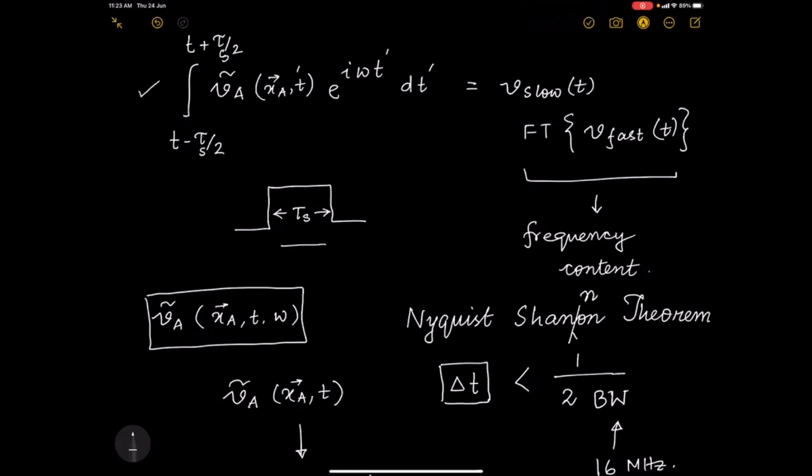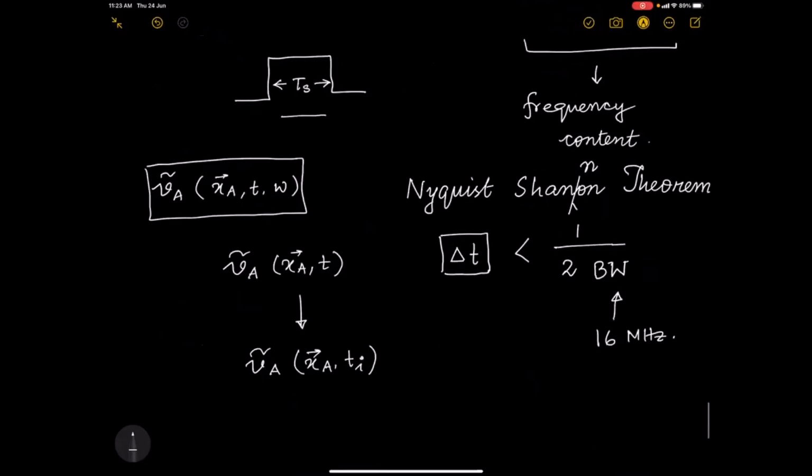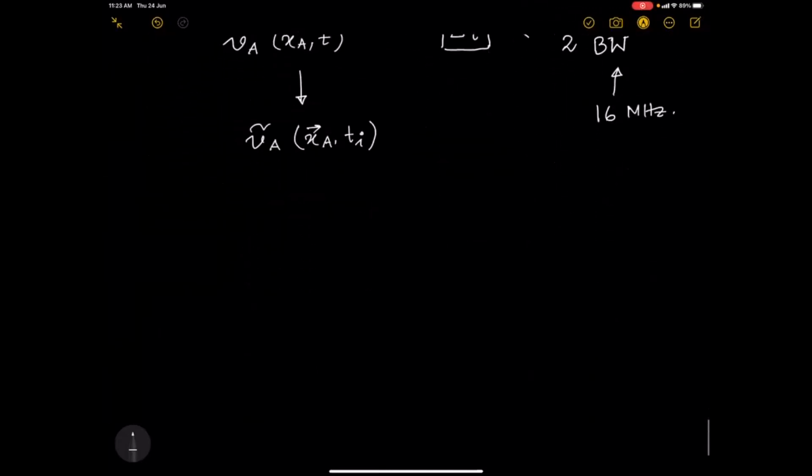So let's see what I do next with this signal. What I do next is to calculate this quantity. So I have now V at an antenna.